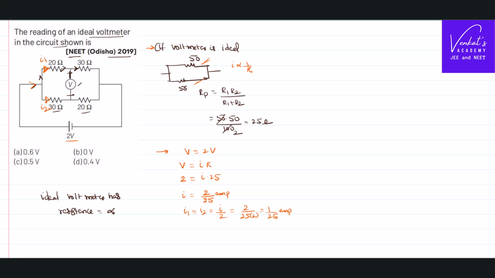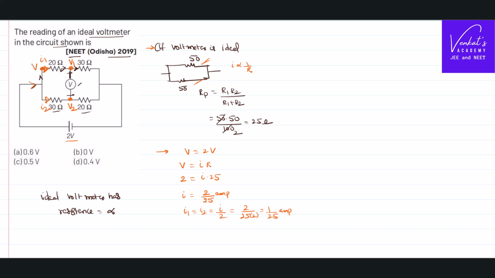Now you want the reading of that ideal voltmeter. Let me assume here the voltage is V1, here the voltage is V2, then you want V1 minus V2. But I don't know the voltage here.